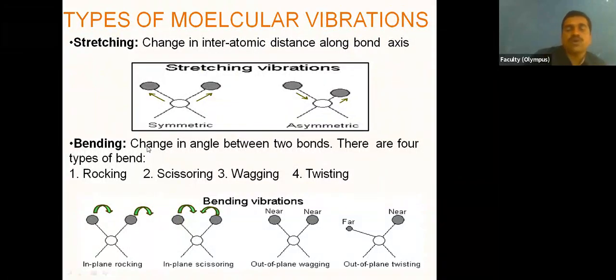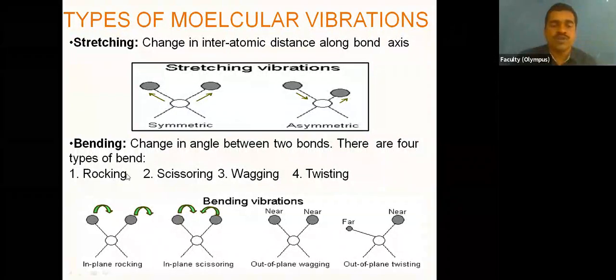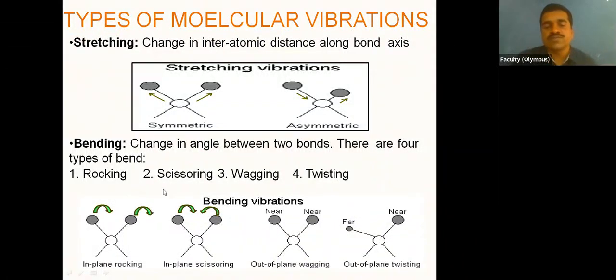There are four types of bending vibrations. One is called rocking. Rocking means both atoms move on the same side. Such vibrations are called rocking vibrations. Second is scissoring.